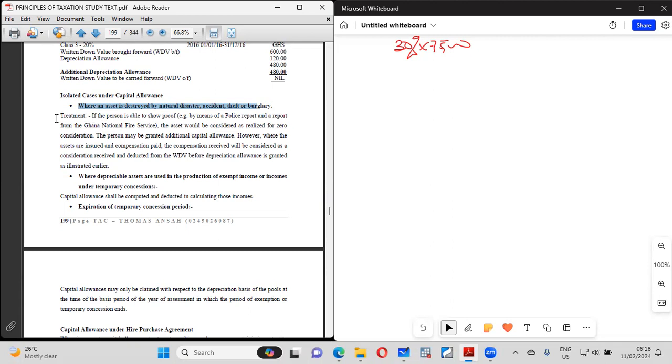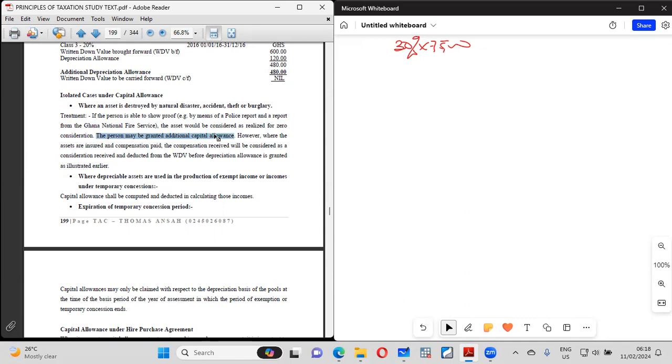So if a person is able to show proof, by police report or National Fire Service, the asset will be considered as realized for zero consideration. It means you sold it and the value you collected from the person who bought it from you is zero. Now the person may be granted additional capital allowance.